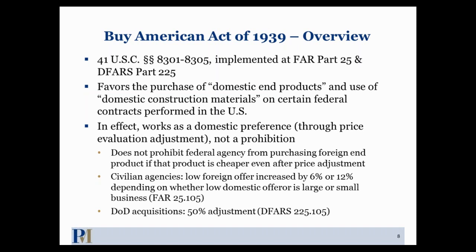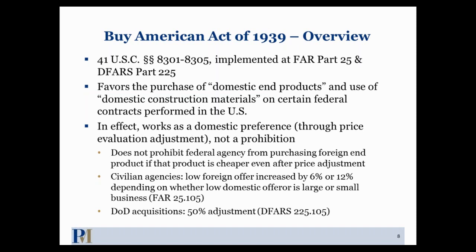The preference is manifested as a price evaluation adjustment. And you see towards the bottom of the slide here how that price evaluation adjustment works. For civilian agencies, it's going to be either 6% or 12%, depending on whether the low domestic offer is a large or a small business.